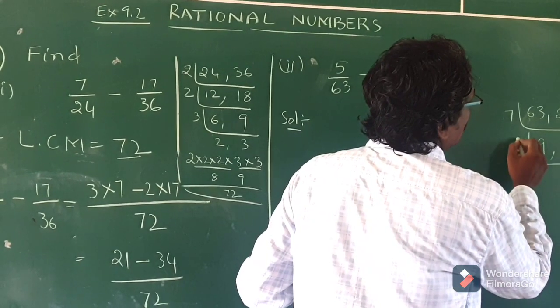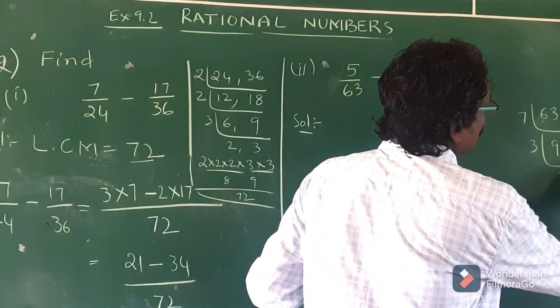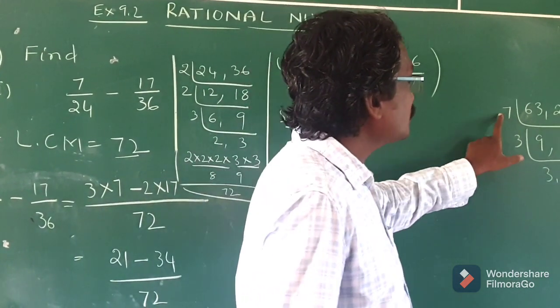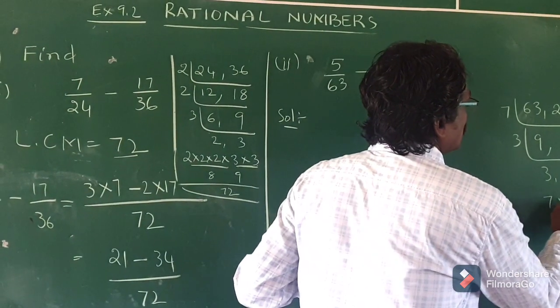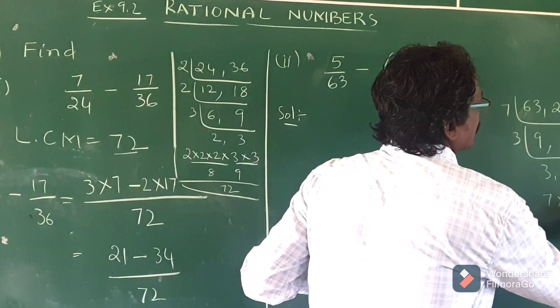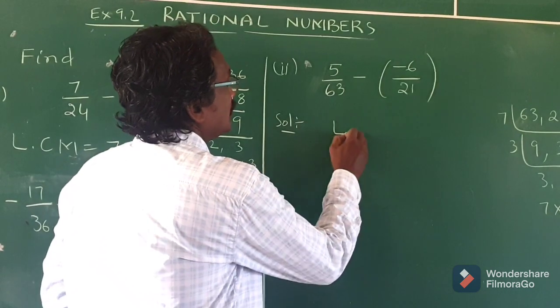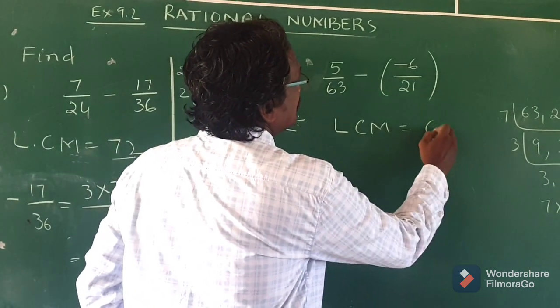Now 3 table, 3 times, 1 time. So 3 threes are 9, 9 sevens how much? 63. Now the LCM is equal to 63.